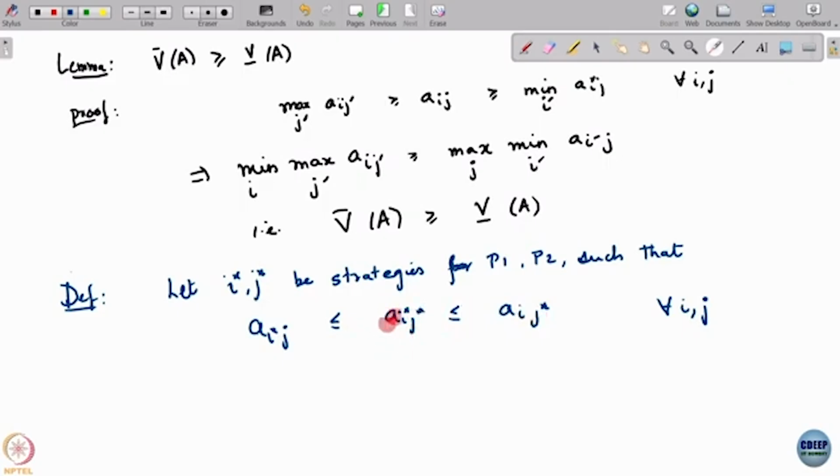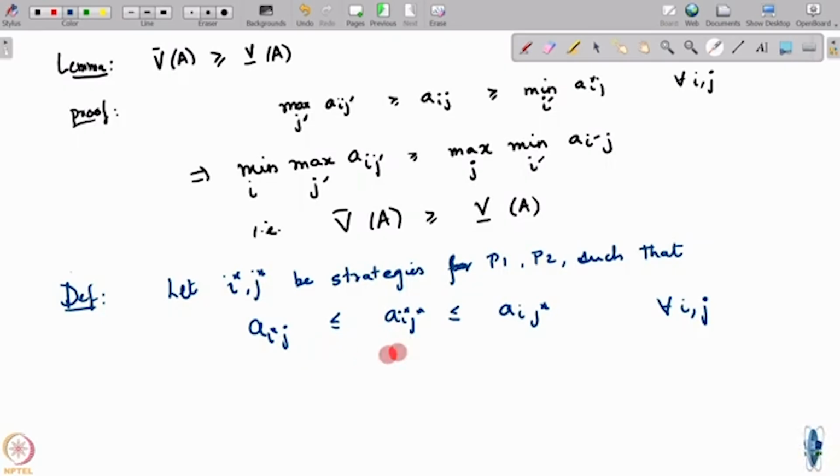Assuming the column player is playing j star, the best thing for the row player to do is to play I star, and likewise assuming the row player plays I star, the best thing for the column player to do is to respond with j star.